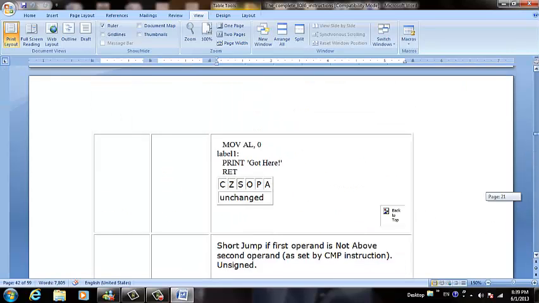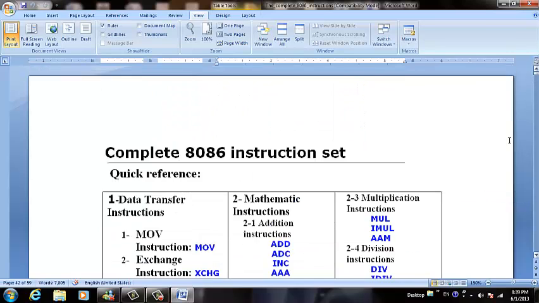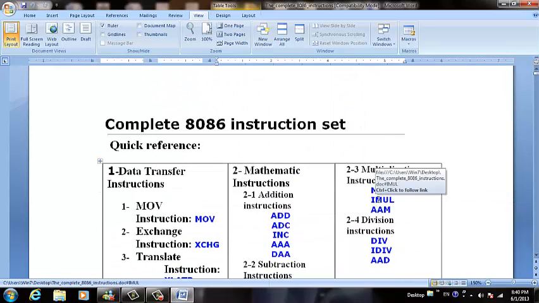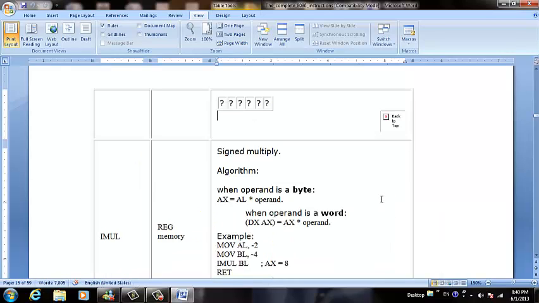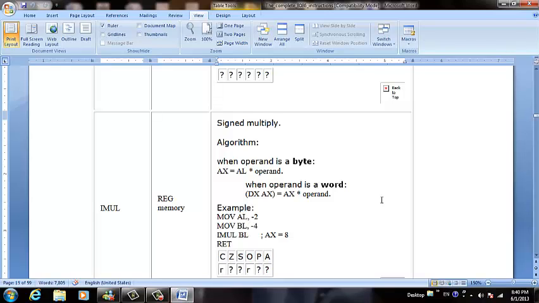There is signed number multiplication, which is IMUL, signed multiply.